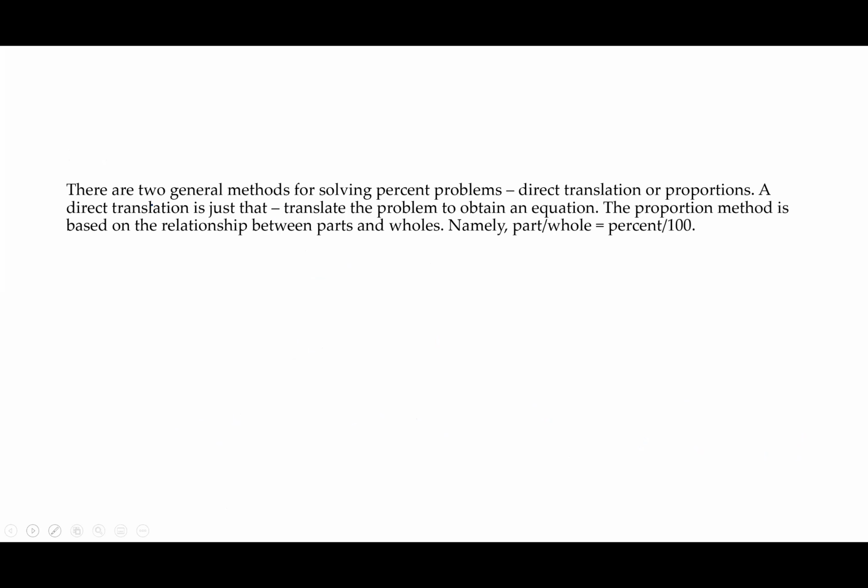So really, there's 2 general methods, and I'll show both of them to you. There's what I call direct translation, which really amounts to solving an equation, or a proportion. Okay, and so the proportion is this part over whole equals percent over 100.